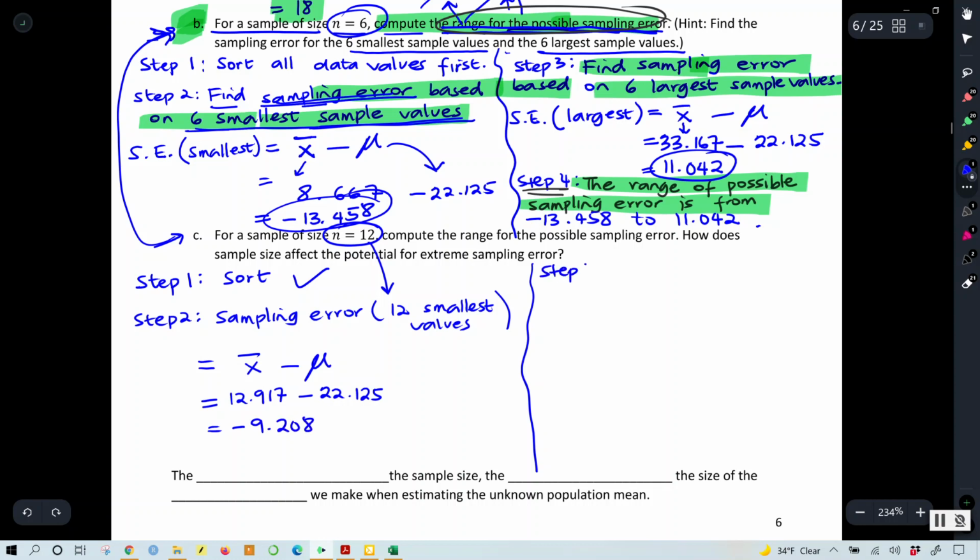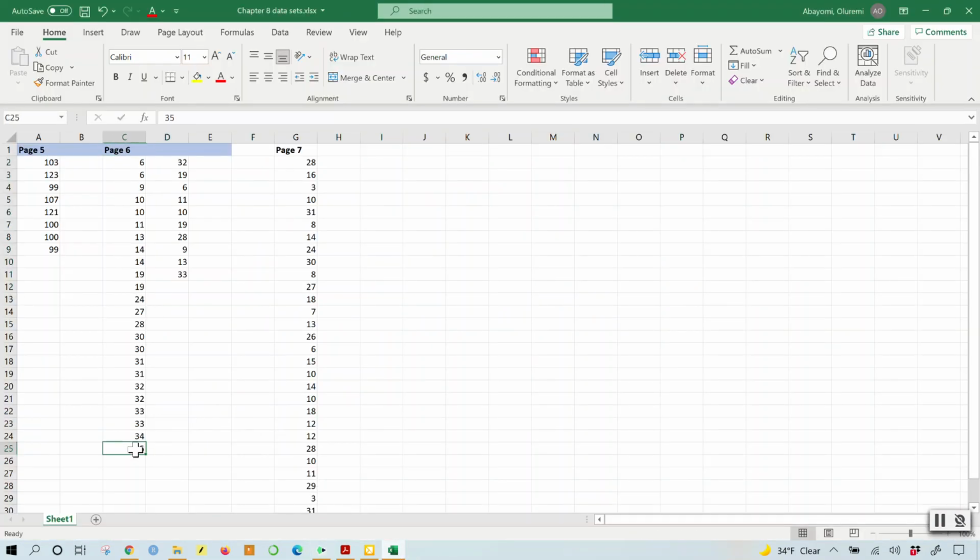Then for step 3, I'm going to take the sampling error for the 12 largest values. That will be the average of the 12 largest values minus the overall population mean. Going back to Excel, I will pick the 12 largest values. I have 12 of them, and the average is 31.333.